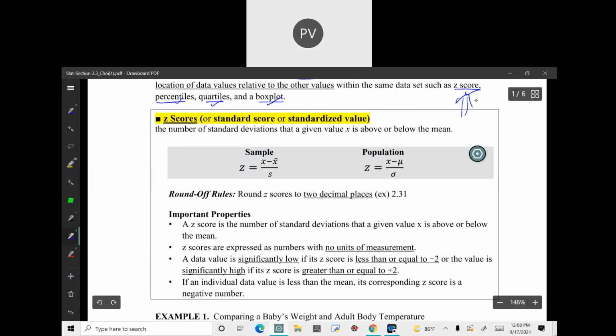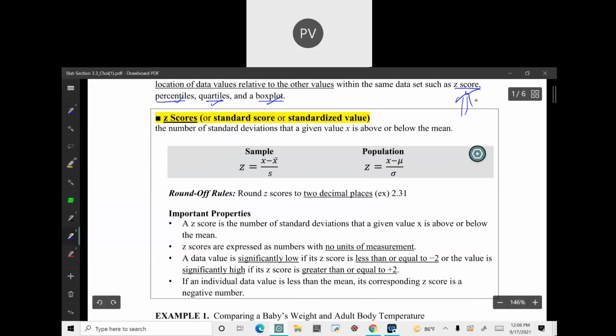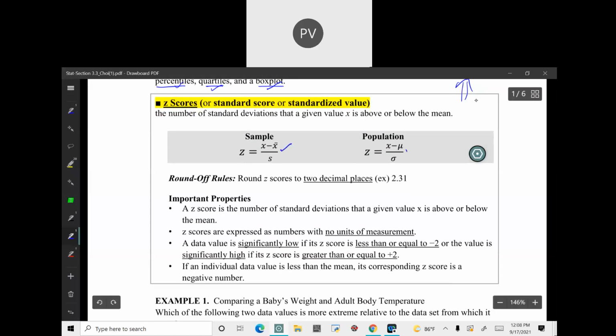Z-score is also called as standard score or standardized value. Now, this is the formula to obtain the Z-score. X minus X bar divided by S. What is X bar? Mean of? Yes, right. This is the mean of sample. This is nothing but mean of population.